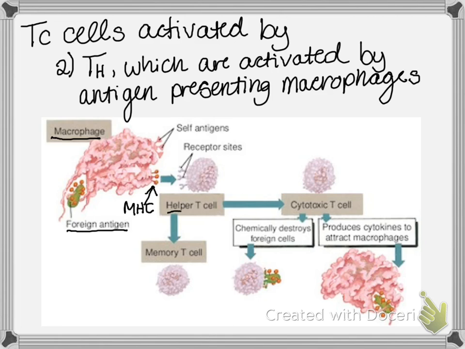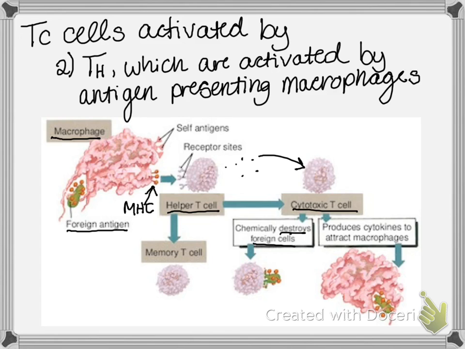Okay. A helper T cell would then bind to those antigens on the MHC molecules, become activated, and release chemicals that basically recruit cytotoxic T cells and activate them. Once the cytotoxic T cell becomes activated, it then goes through the process of binding to infected cells and releasing perforin and then destroying those foreign cells.